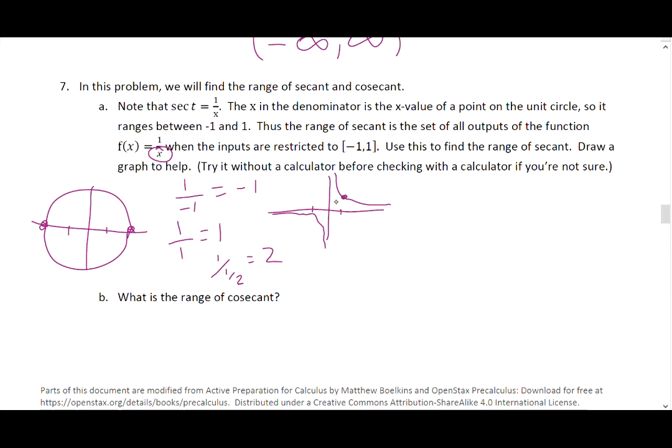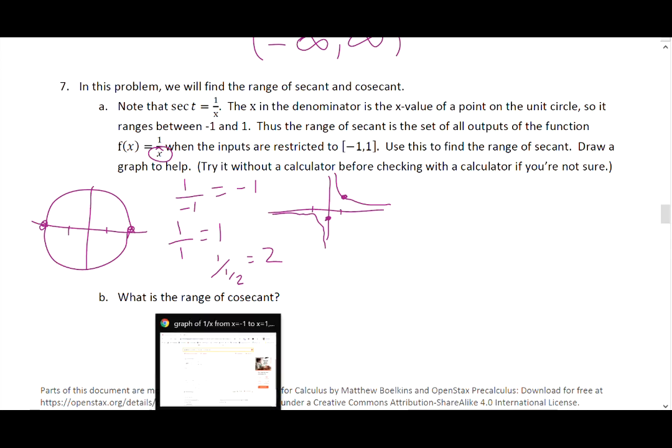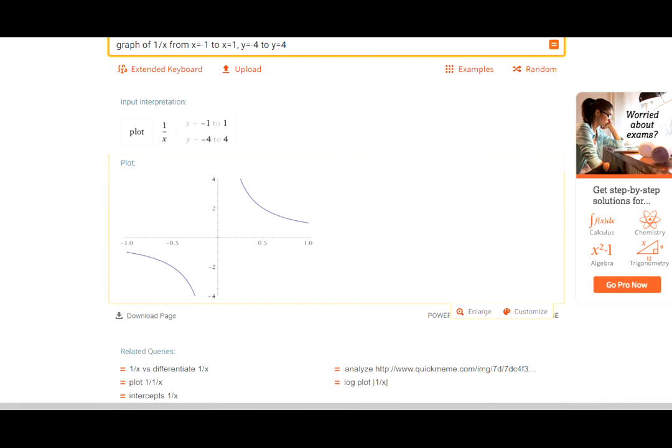And so we want all the y values that correspond to just between those points, which this graph doesn't look great, so I'm going to switch to an actual graph. So on this graph, we can see that the point 1, 1 is on the graph. The point -1, -1 is on the graph. Now let's look at the x values in between.